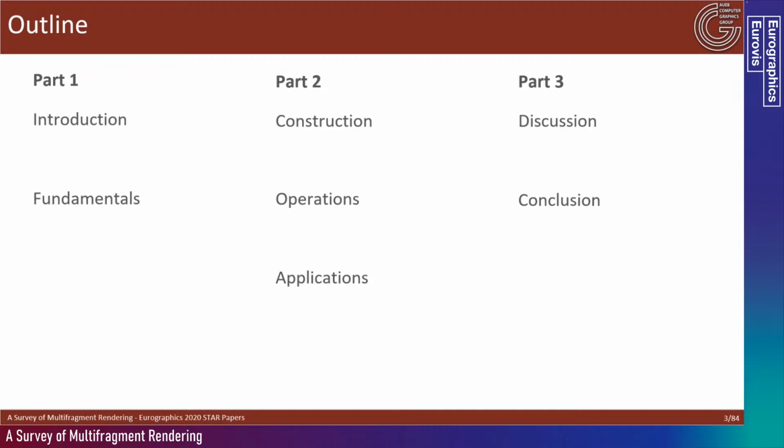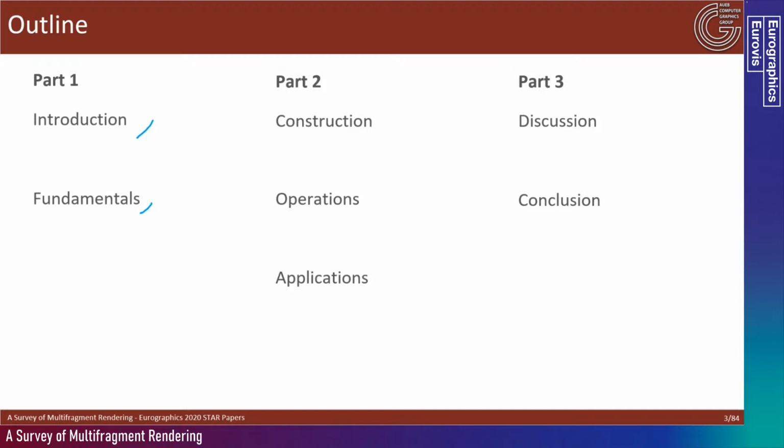The presentation is split into three main parts. In the first part, we will define and present the multifragment rendering pipeline, or MFR, and also clarify what this STAR actually focuses on. Then we will proceed to generalize MFR as a general visibility determination problem, and in there we will also define a conceptual rendering pipeline for it.